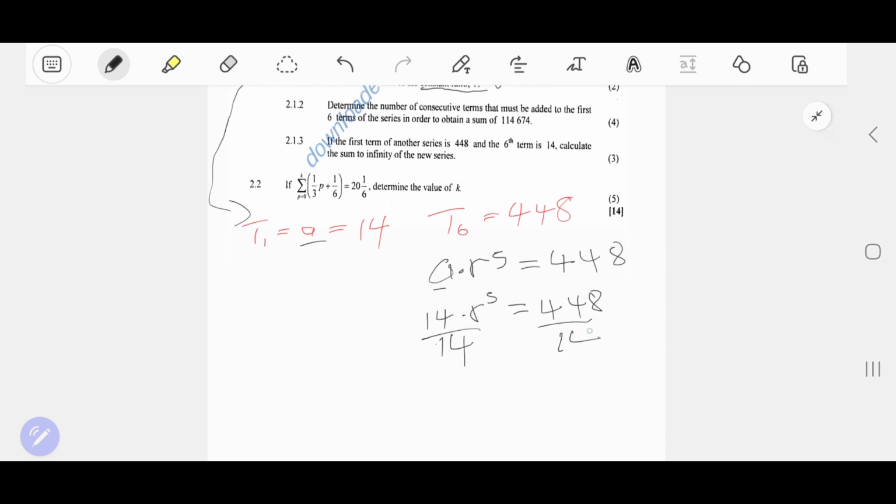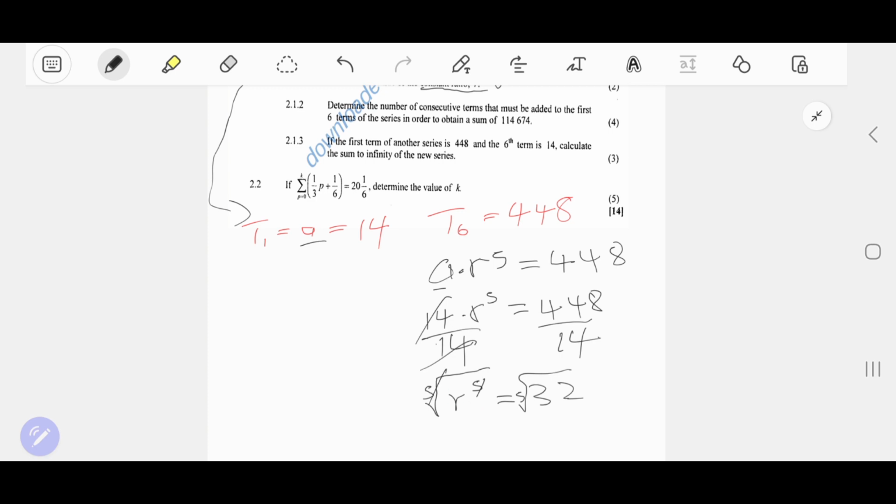Can you see now, the only unknown that I have is R to the power of 5. When you press in your calculator, divide by 14, and then we have 32. Then we can get rid of that exponent 5 by introducing the 5th root.